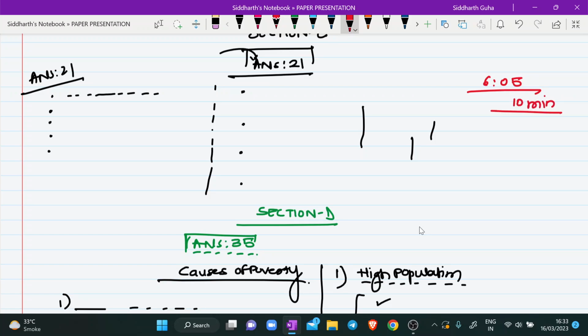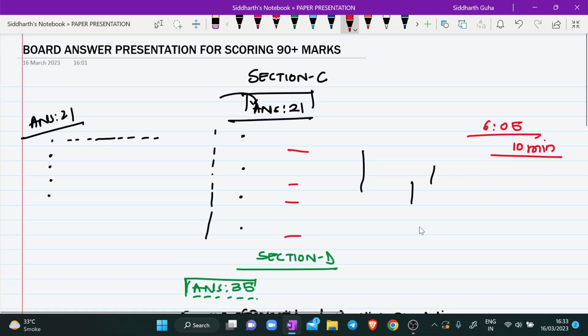In that 10 minutes, underline the important keywords in all the points for C, D, and E. Underlining should be done only if you have extra time left. Don't do it in between. It may be possible that the paper is lengthy and you are not able to complete it. Just for the sake of underlining, you would miss some good questions which you already know. So don't make that mistake. Underlining should be done in the last 10 minutes only.